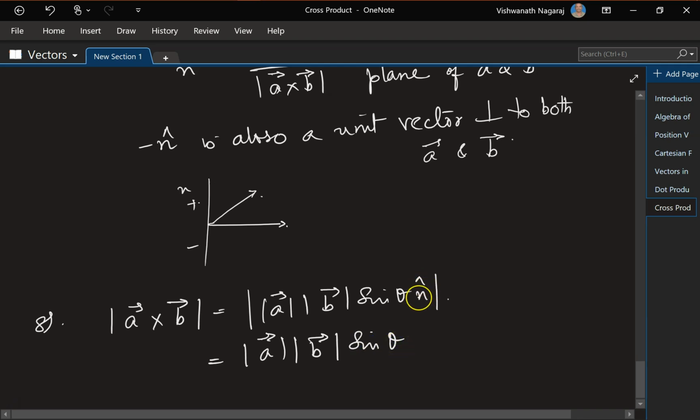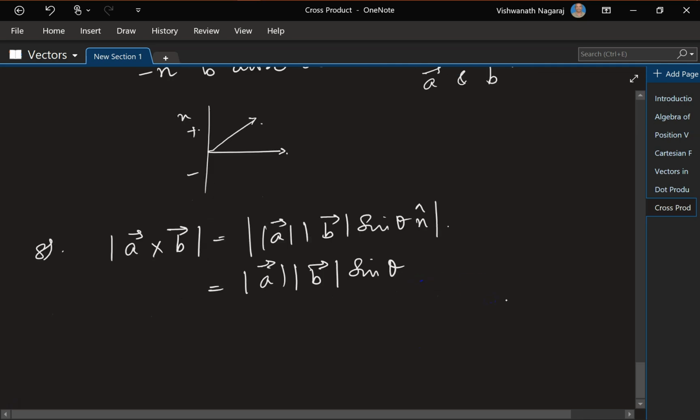But n cap, remember this is a unit vector, perpendicular to both A and B. Its magnitude is 1, so we don't have to write it. So therefore sine theta would become magnitude of A cross B divided by magnitude of A, magnitude of B.